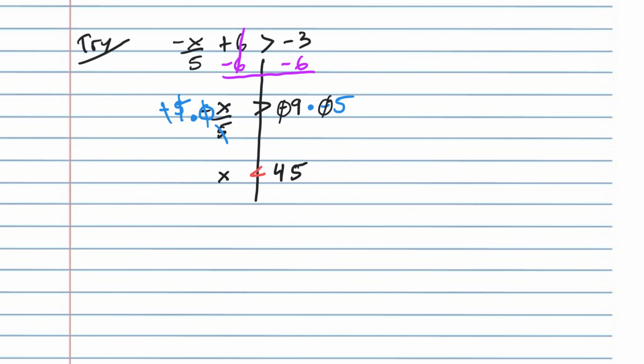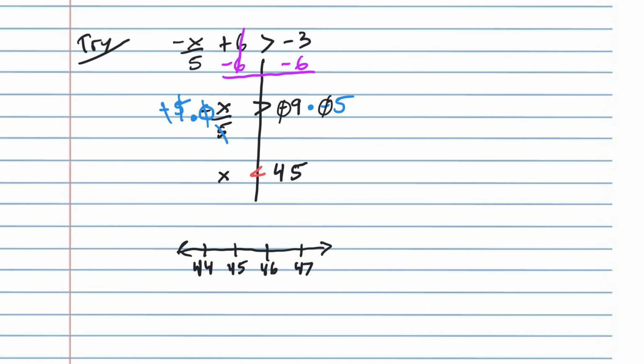Again, if the question says to graph your answer on a number line, all you really need to do is draw a number line. Here's an easy way to make a simple graph. Just draw a graph that has between 4 or 5 marks on it. Make sure your answer is one of them. We know 45 is our answer, so one of these little tick marks has to be 45. It doesn't really matter which one. Just label one of them as 45. So let's say this is 45. That means this would be 46, 47, and 44.